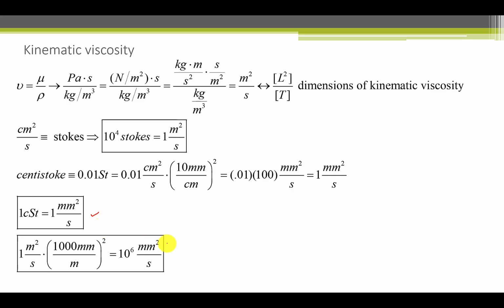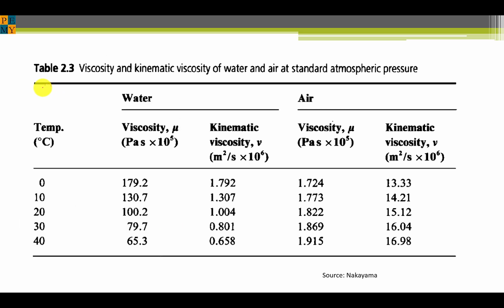Another useful thing to know is that there are 1,000,000 square millimeters in a square meter. That means that there are 1,000,000 centistokes, 10 to the 6 centistokes, in 1 meter squared per second. So this is sometimes a useful relationship as well.